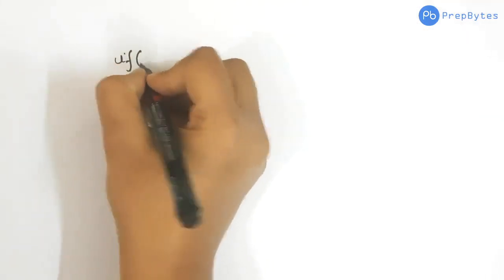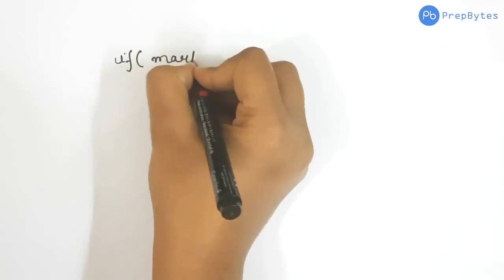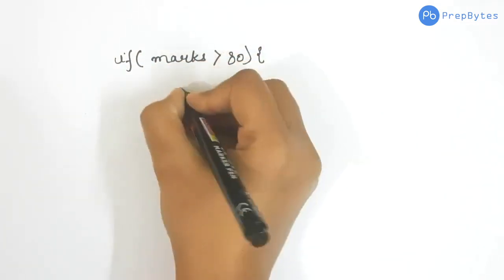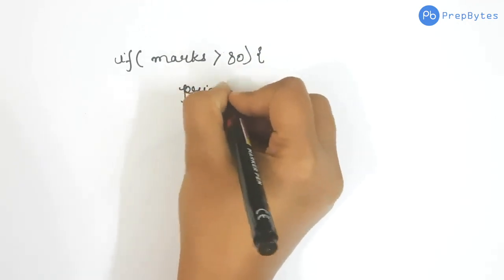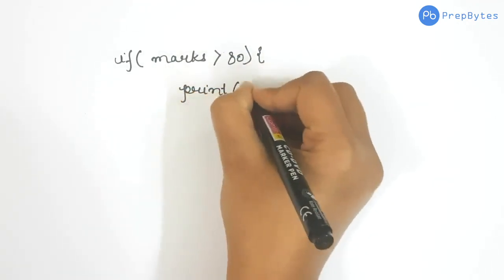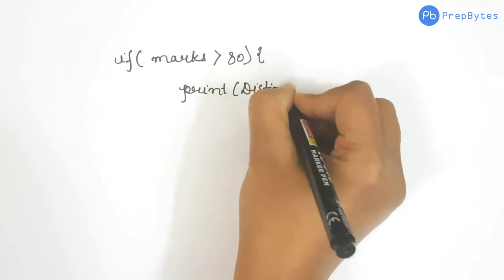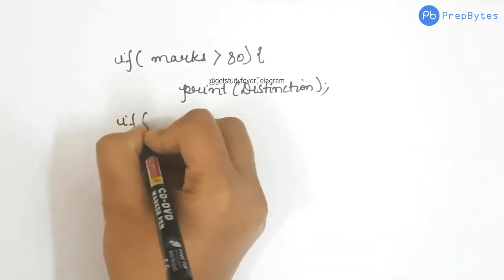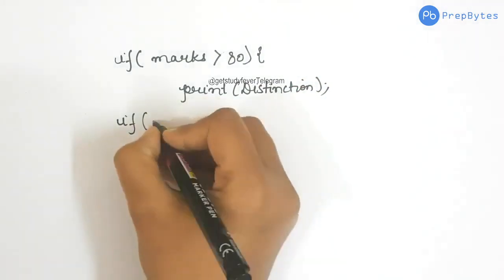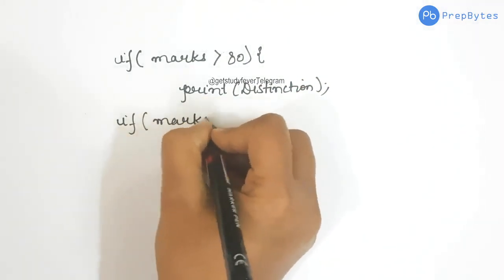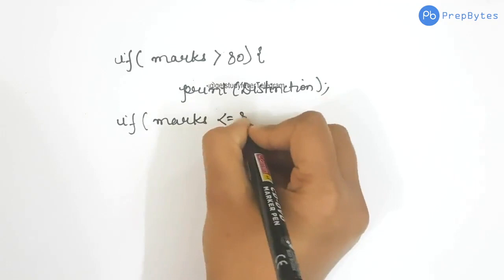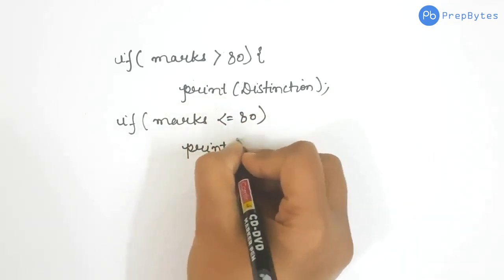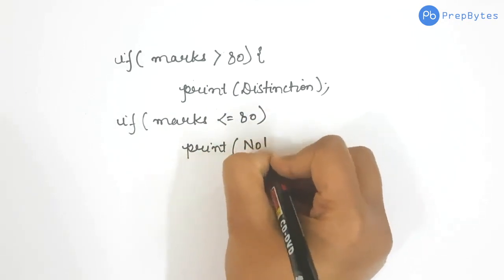I can do if marks greater than 80, print distinction. Then I'll put another statement, if marks is less than or equal to 80, print no distinction.